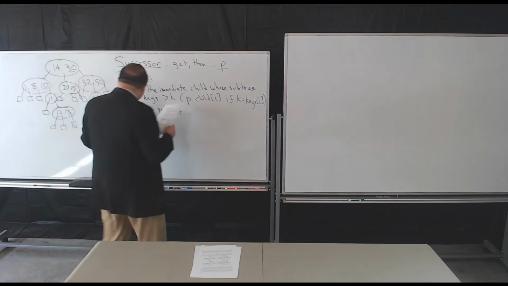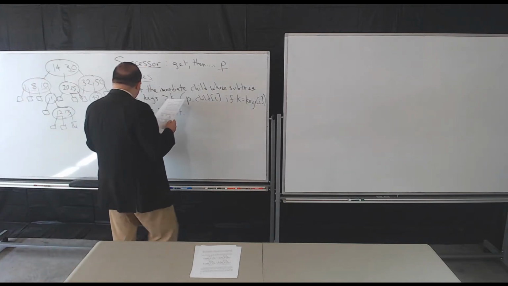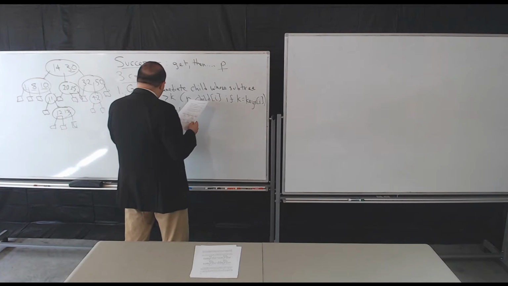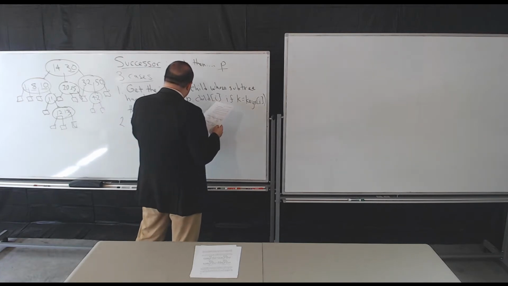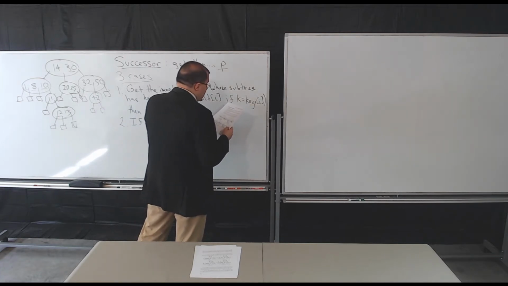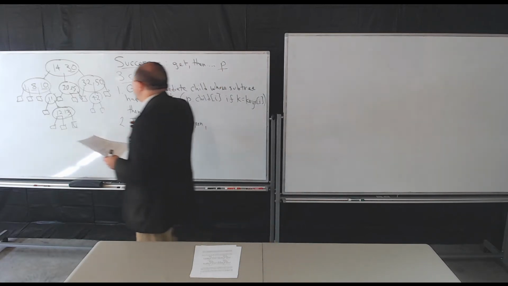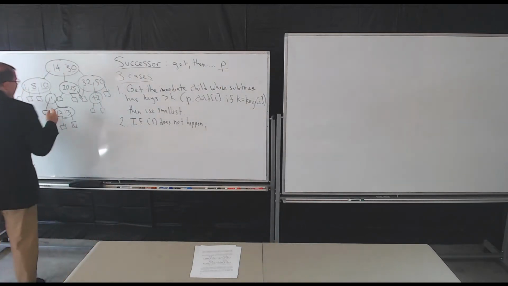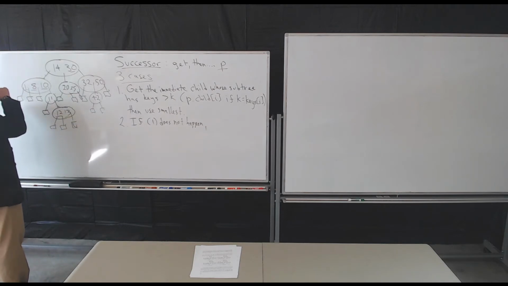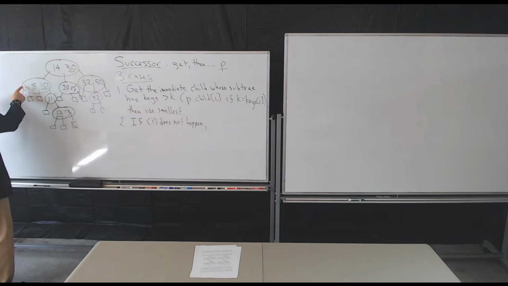Now, if one does not happen, what do we have to do next? So I want to point my finger at something else. Say for example, if we want the successor of 1. Well, I could find 1 and then this node is P. I have no immediate child below me, so where should it be located?